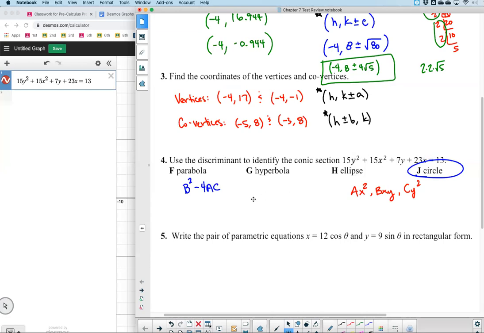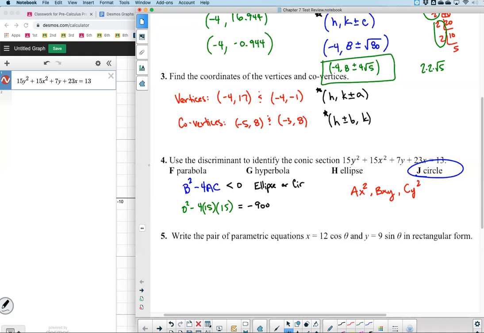So in this one, I have 0 xy's, so it'd be 0 squared minus 4 times my a, which is 15, my c is 15. So I'm getting, I think, negative 60 times 15 is negative 900. You can check the math, but we know it's negative, right? If your b squared minus 4ac is negative, less than 0, that means it's an ellipse or a circle.